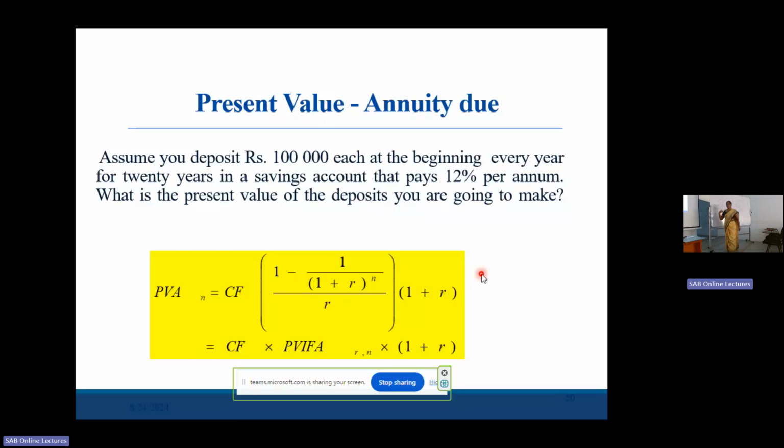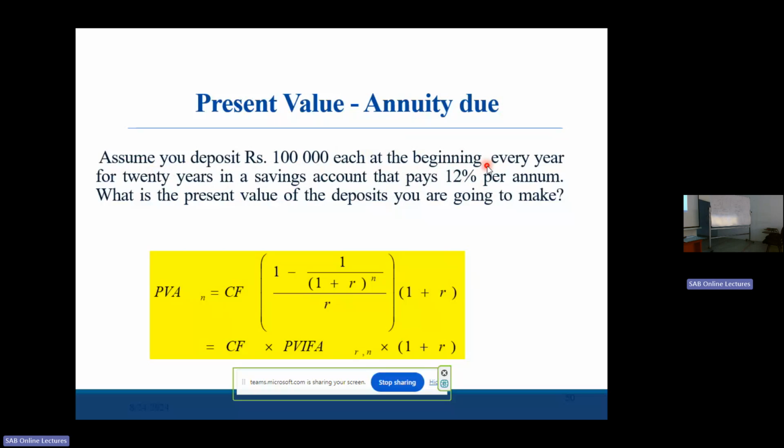So theory is implied with these values. The example is there for you to understand. Assume you deposit 100,000 at the beginning of every year in an account that pays 12% per annum. So now you can see here, beginning of the period.